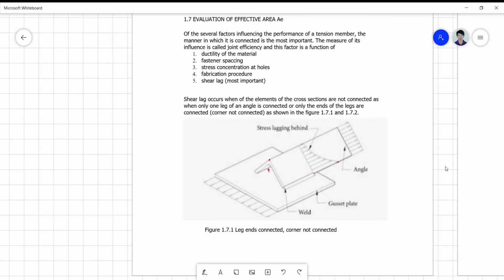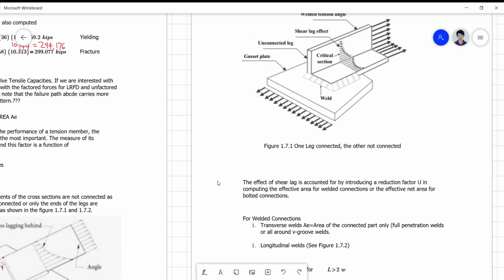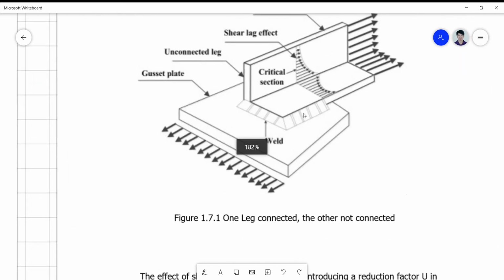Okay, on the other hand, if we look in the next figure, wherein the connections are placed only on one leg, so particularly the other leg is not connected to the plate, then again the stress concentration will be maximum only at the portion where this member is connected to the plate, and thereby reducing the value of the stress away from this connection.